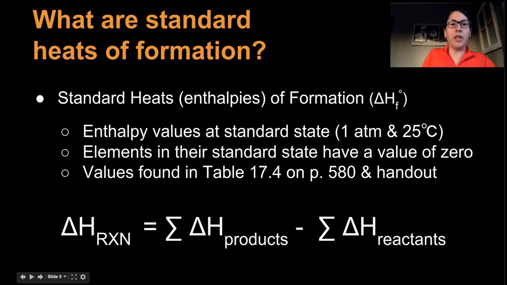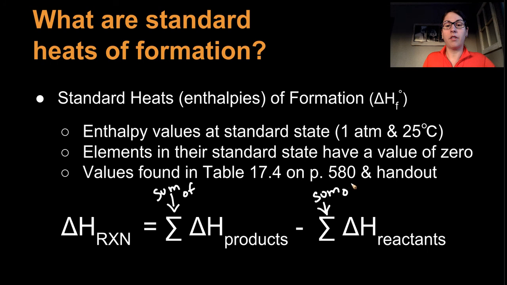This symbol here means the sum of all enthalpies for our products minus the sum of all enthalpies of our reactants. And so we have to find the sum of each one of these, and then we subtract them, we find the difference between them.